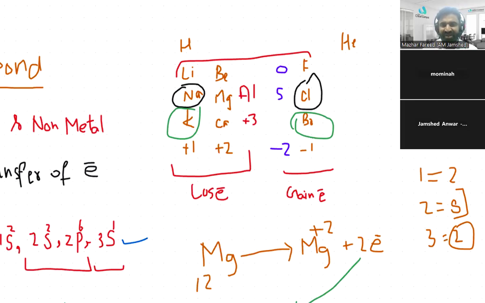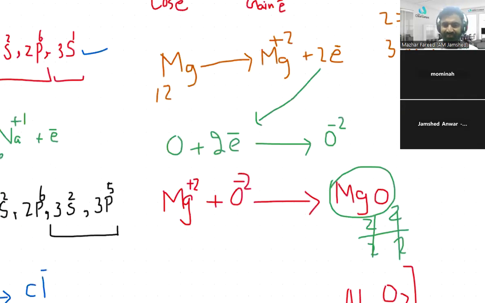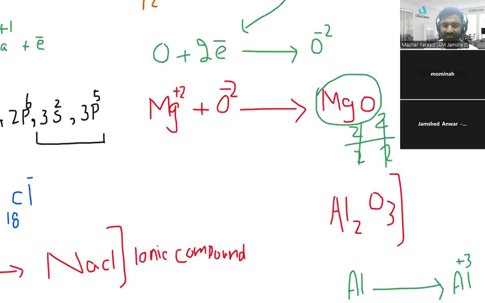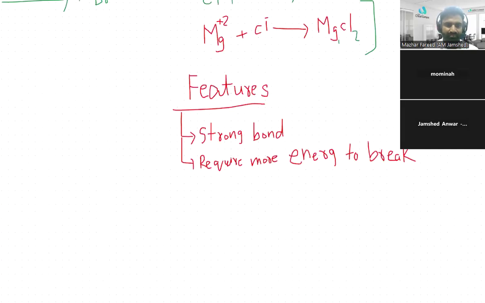But the interactions in beryllium oxide and magnesium sulfide are weaker than lithium fluoride and sodium chloride, because there is a weak interaction. They require less energy to break this type of bond. So their bonding also depends upon their electronegativity difference.